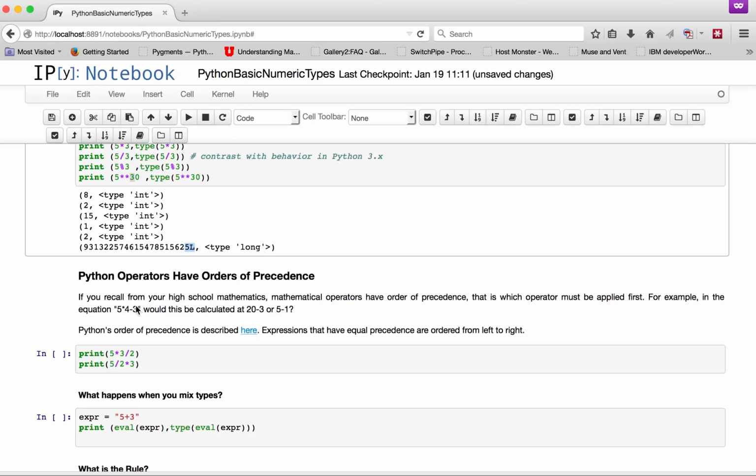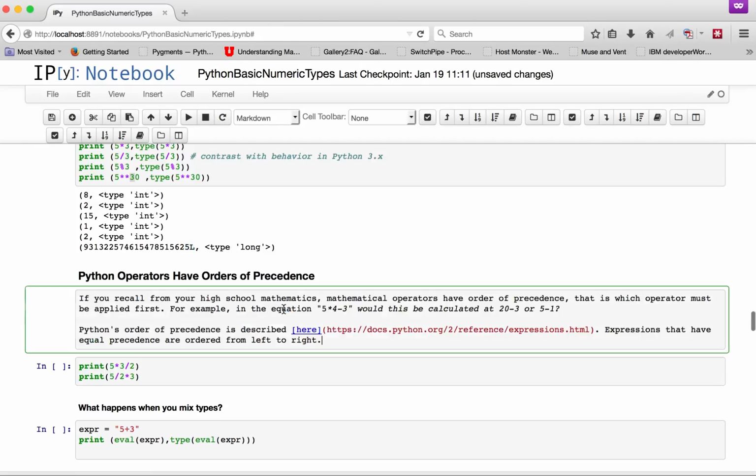From the orders of precedence, we know that multiplication has a higher precedence than subtraction, so we do the multiplication first. Then this becomes 20 subtracting 3, which is 17, rather than 5 subtracting... I guess that should be 5 multiplied by 1. Let me just fix that right here.